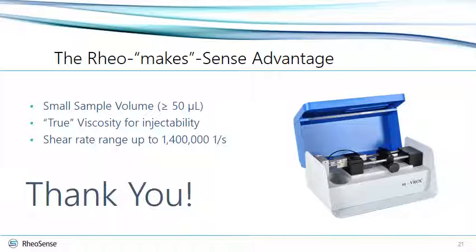Next question, can you restate what the true viscosity is about? Okay, so true viscosity is a term we use to describe values that are instrument independent. That's to say, if you test sample A at 100 inverse seconds using one instrument, you should see the same viscosity as if you use another different instrument.